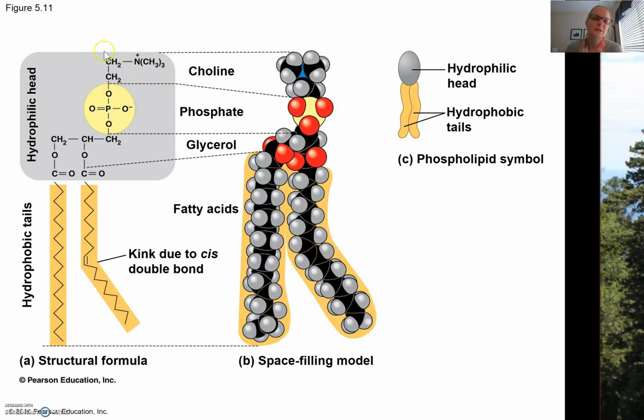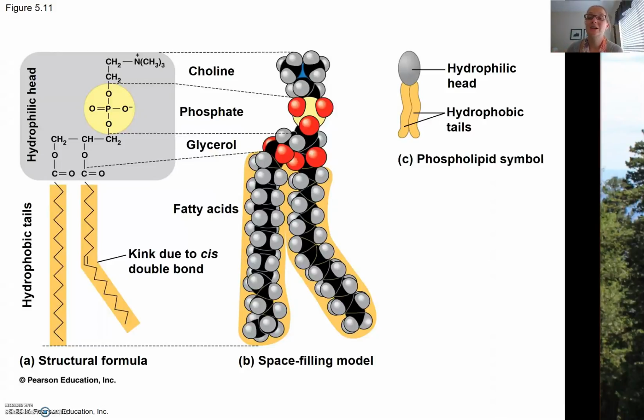On top of that, this particular phospholipid has an extra decoration. This is a choline component. It's not nearly as important as the phosphate group itself, which is bound to the glycerol. So this whole portion here that's highlighted in gray, you'll notice has a lot of oxygens, right? Oxygens are very electronegative. You're going to have some charged pockets there, something to attract water molecules to.